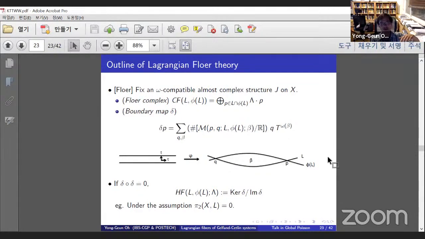One boundary goes to one Lagrangian submanifold L, and the other boundary goes to the other Lagrangian submanifold phi L. Okay, and assuming some finite energy condition, in this case you assume that this map phi has finite symplectic area. And you count those holomorphic curves. Okay? And that number of holomorphic curves will be the matrix coefficient from Q to P, regarding Q and P as basis elements. So delta P is a linear combination of those intersections, and the coefficients are precisely the number of these holomorphic curves between Q and P.